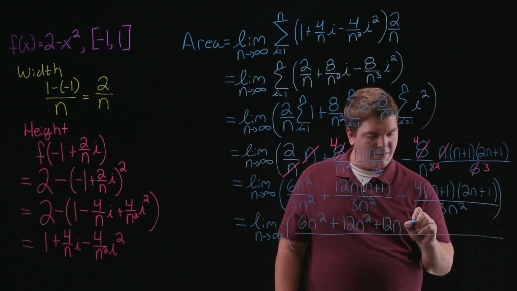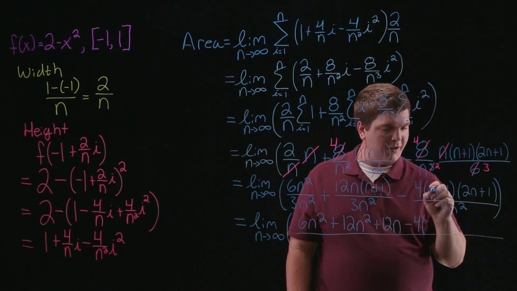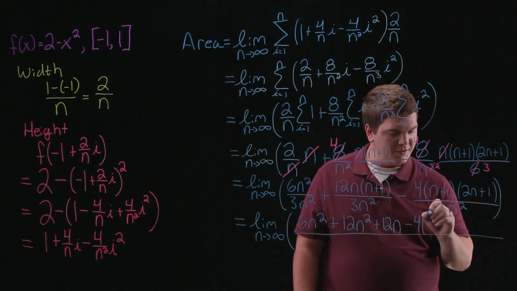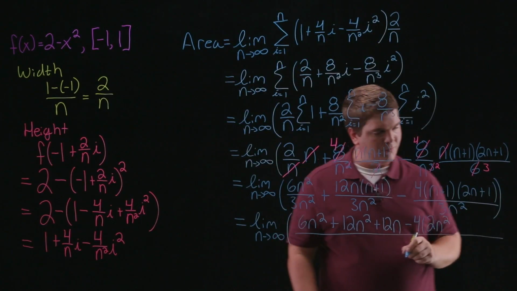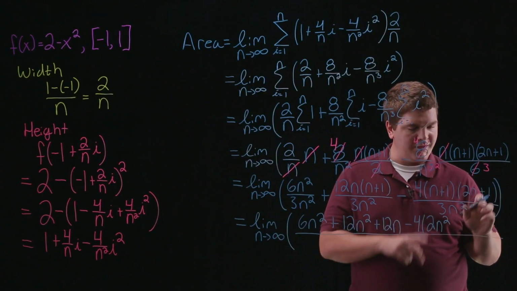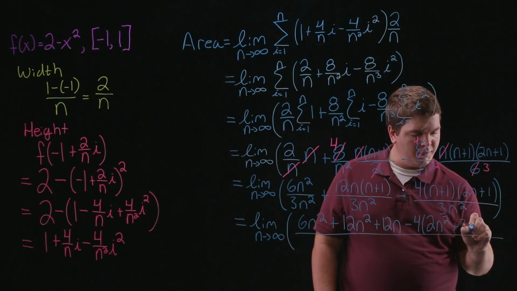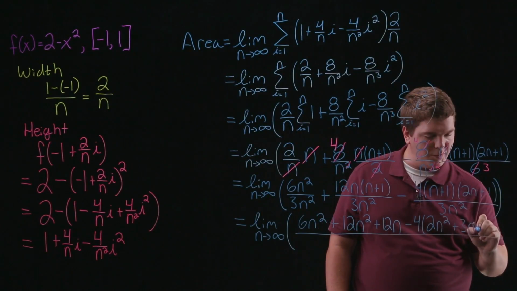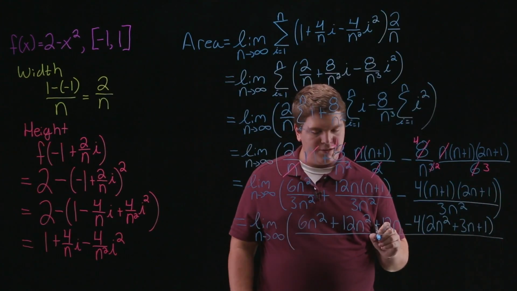So we'll be subtracting a 4 times, we'll have n times 2n, which will be 2n squared. Here we'll have plus n plus 2n, so we'll have a plus 3n, and then finally just a plus 1. And this is all divided by 3n squared.